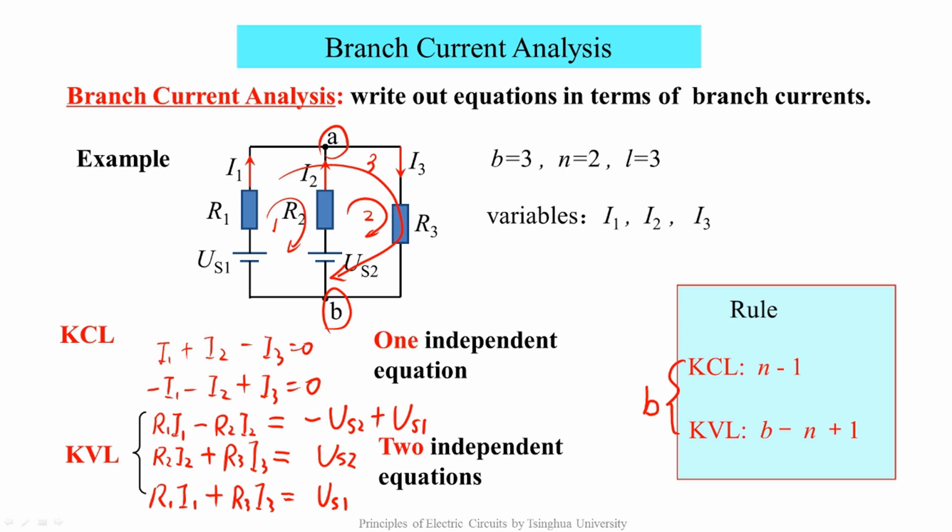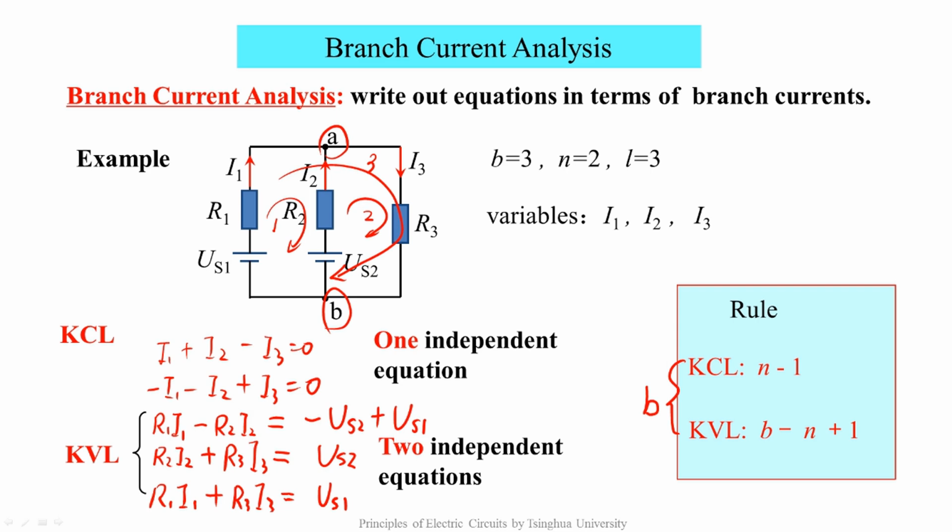The total number of equations is B. Because we write the equations in terms of branch currents, now there are B equations for solving B variables. Of course, we can find the current of each branch. According to the element constraints, we can further get the voltage of each branch. Thus, the whole circuit is solved.